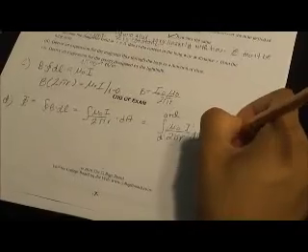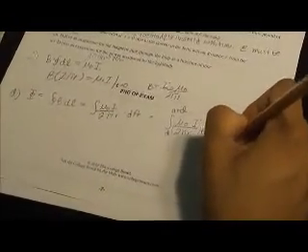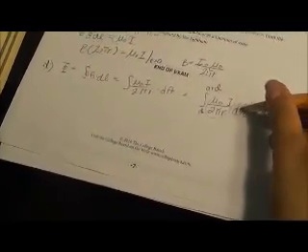You can pull all of this out because it's a constant. We have mu naught I b over 2 pi, and then we take the integral of dr over r.